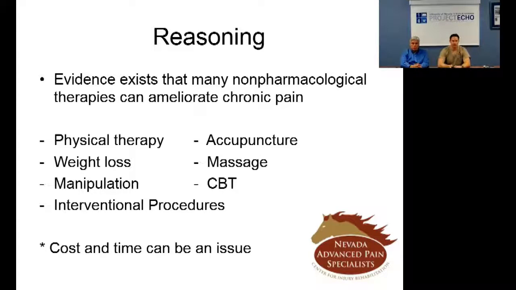But there is evidence that non-pharmacological therapies can help chronic pain, specifically physical therapy, weight loss for patients with back pain or knee pain, spinal manipulation, acupuncture, massage, psychological services such as cognitive behavioral therapy, and interventional procedures, though they clarify that only certain interventional procedures can help chronic pain. The problem with these therapies can be the cost and time to the patient.